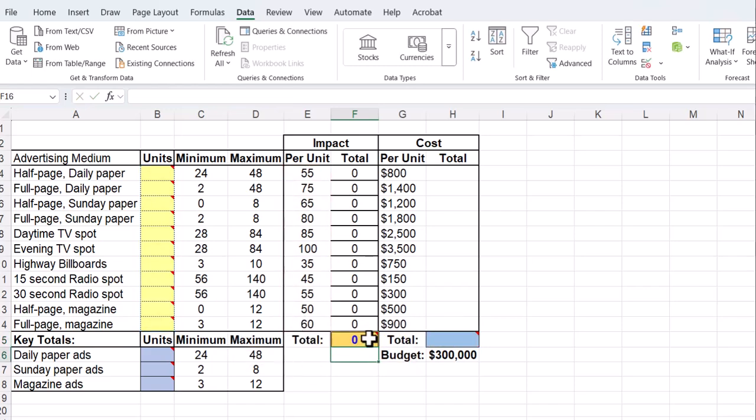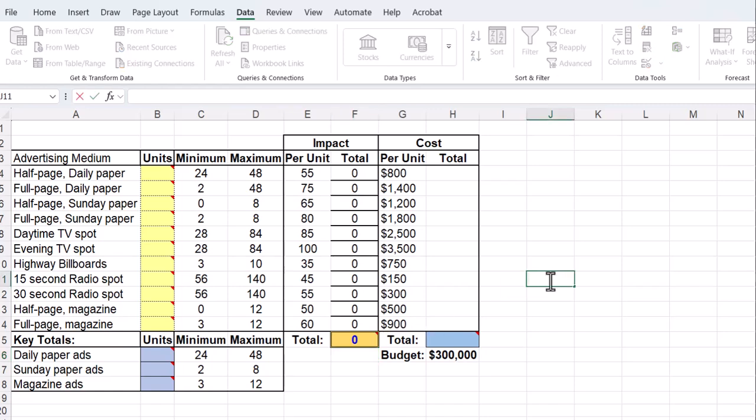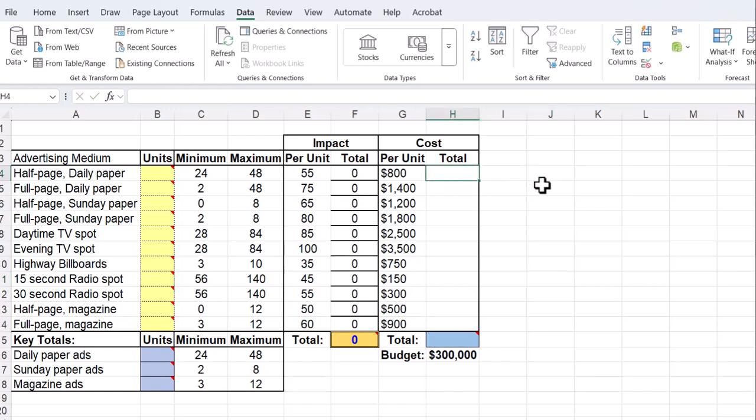So you can do it either with a SUMPRODUCT, or you can just do it with multiplying and then adding together. Now we've got to do the same thing for cost.